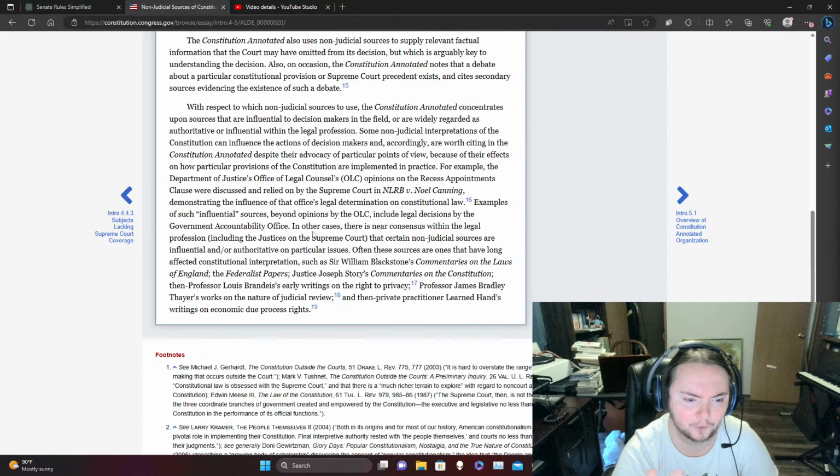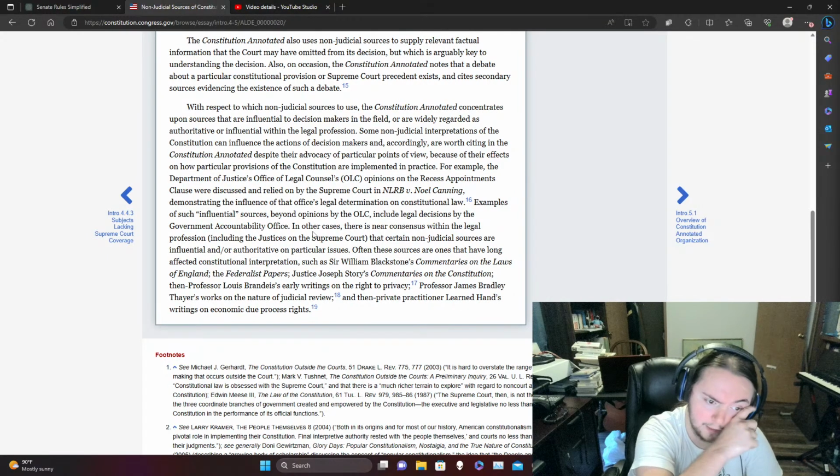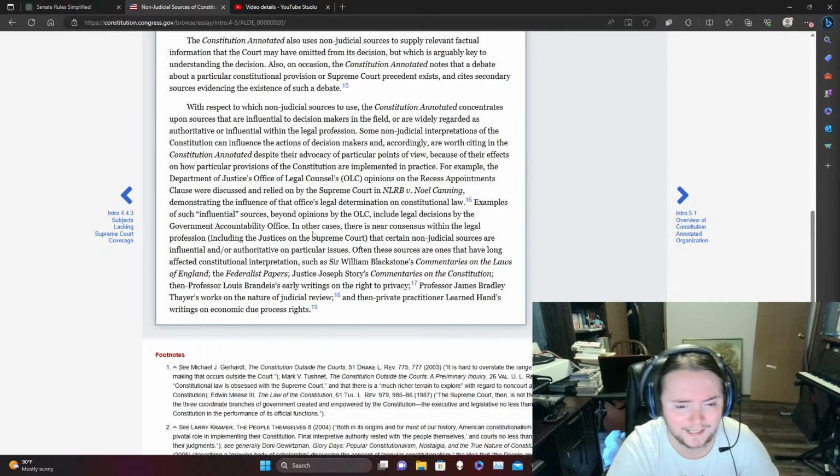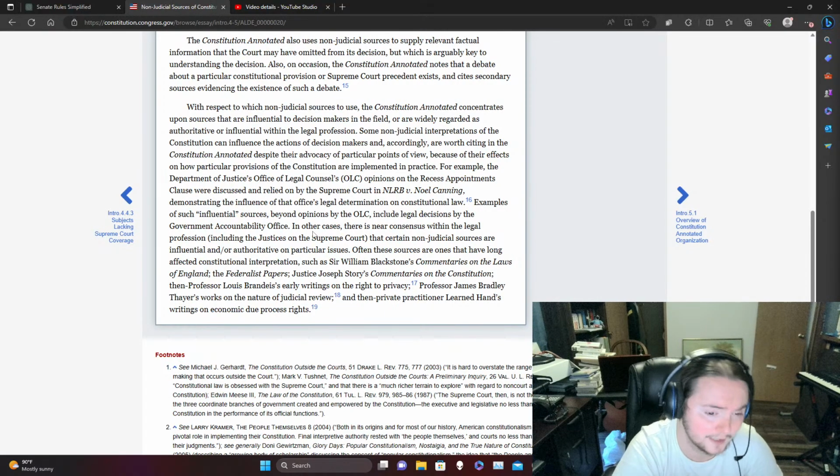Examples of such influential sources beyond opinions by the OLC include legal decisions by the Government Accountability Office. In other cases, there is near consensus within the legal profession, including the justices on the Supreme Court, that certain non-judicial sources are influential and or authoritative on particular issues.